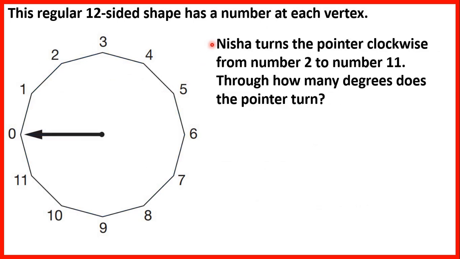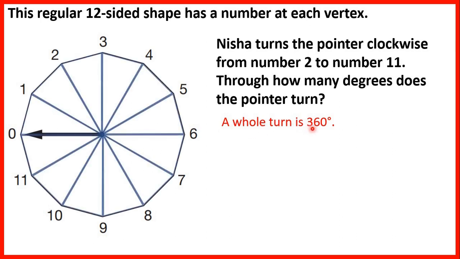Now, Nisha turns the pointer clockwise from number 2 to number 11. Through how many degrees does the pointer turn? Again, the fact that we need to know is that a whole turn is 360 degrees. So that means that when the pointer moves from one number to the next, it's moved through 1/12 of a turn, so 30 degrees.